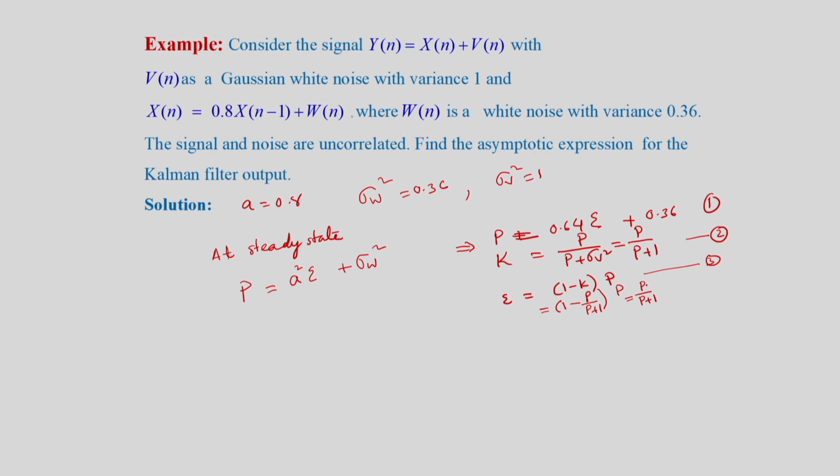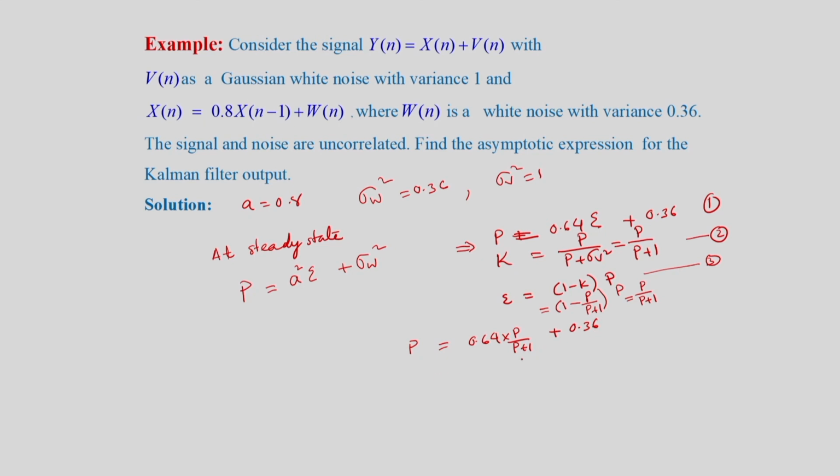Now, if we substitute this in equation 1, we get P is equal to 0.64 into P by P plus 1 plus 0.36.